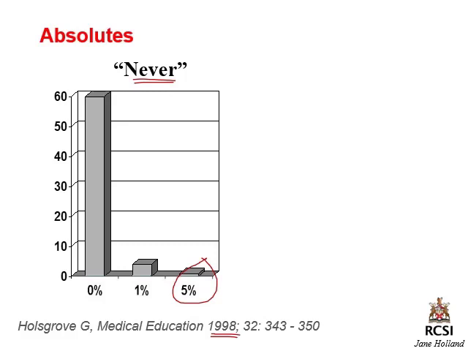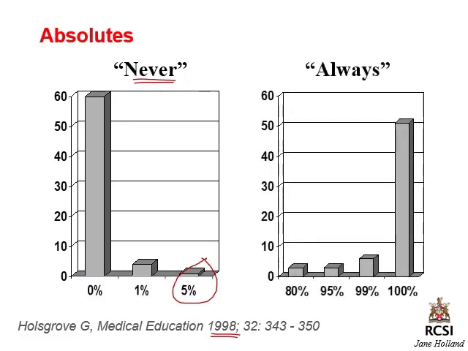So, looking at positive, always, something always happens. Is that 100% or is that 99%, but you can get exceptions, 95%? Yeah, there can be a few more exceptions, or only 80%, always. 80%, 20%, yeah, so this is examiners deciding on these frequency terms, let alone the poor candidates trying to guess what the examiners mean by these absolute terms.